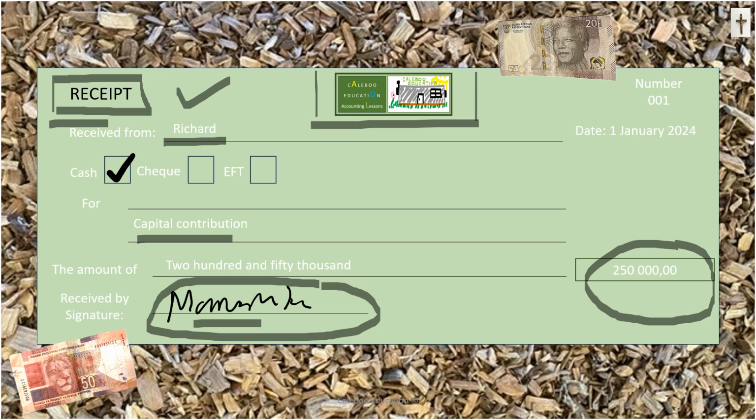A receipt is a proof of payment, and by the way, this receipt would be a duplicate copy, as the original copy was issued to myself, Richard, and the bookkeeper has kept a copy, the duplicate of the original. Now this document here is going to be used to record this capital contribution.